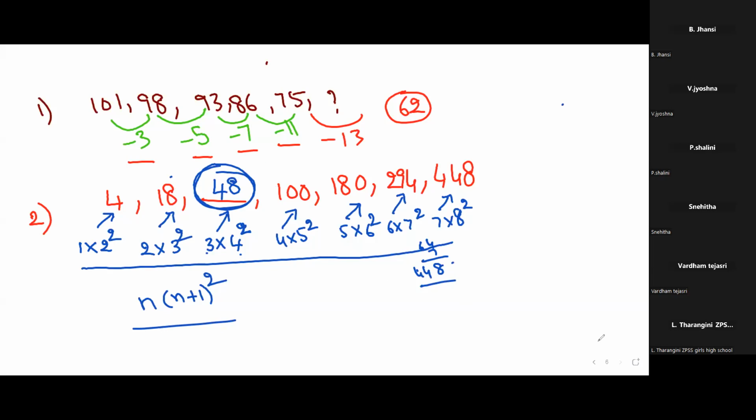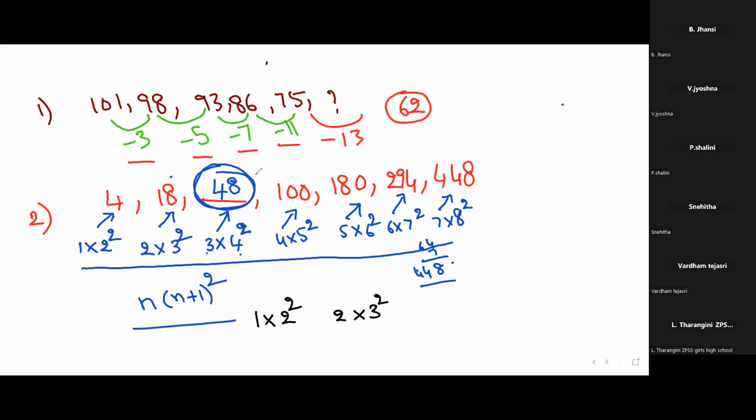Okay, right. I will tell this again. Just observe it carefully. It is a simple thing. You can see the first one is 1 into, first I am taking number 1 into 2 square. Next one is 2 into 3 square.